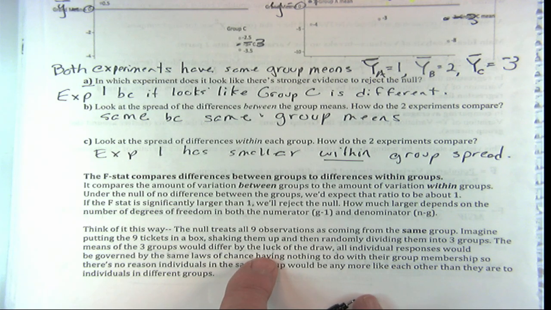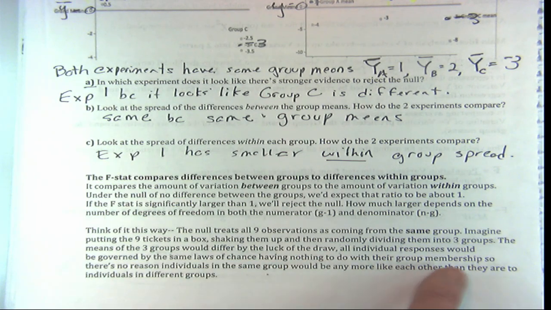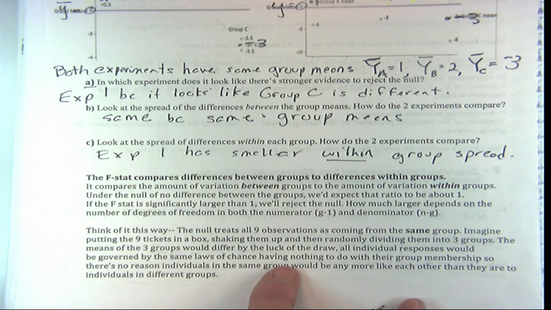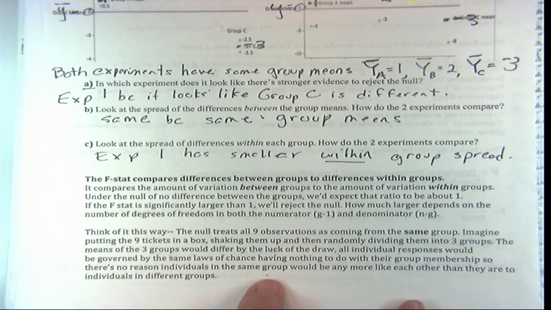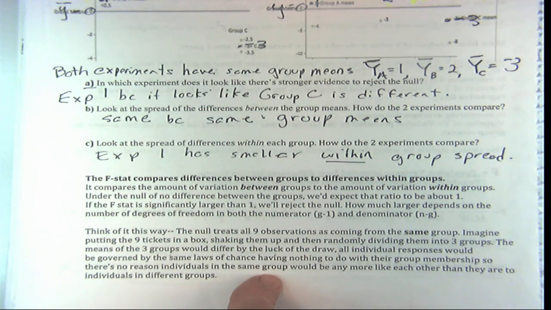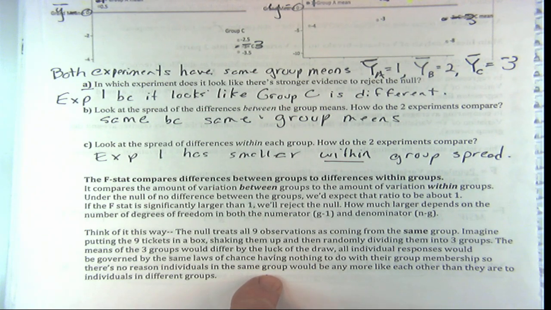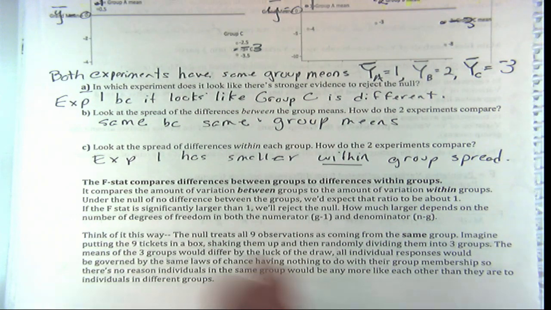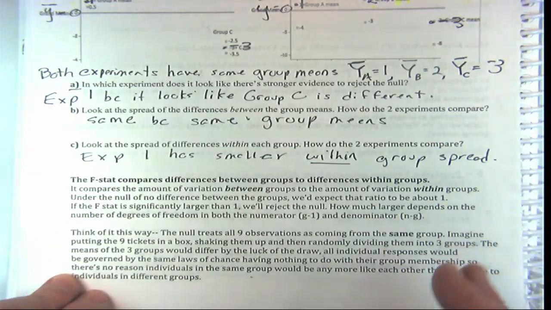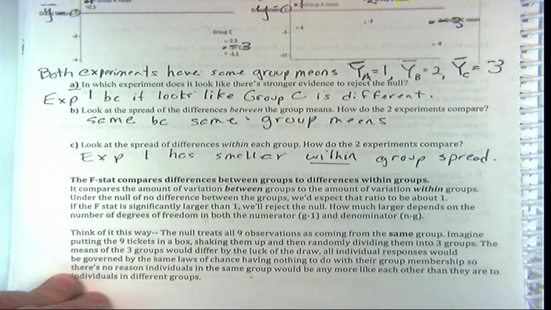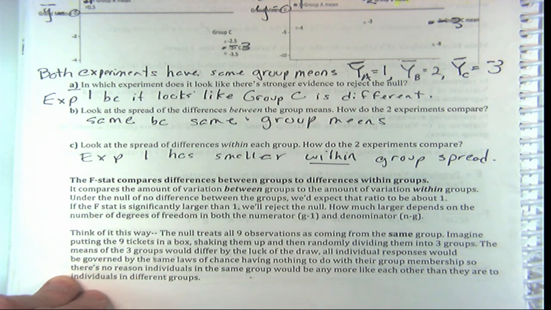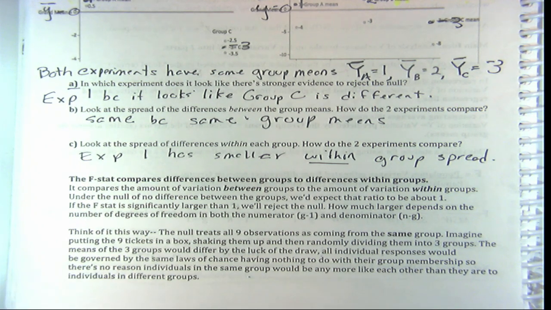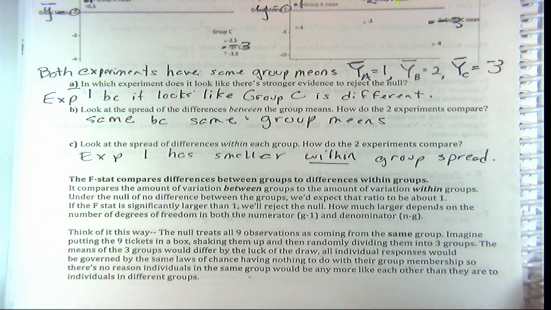But all individual responses would be governed by those same laws of chance. So there's no reason to think that people in the same group would be any more like each other than people in different groups. That's another way to think of why the F statistic would be 1 when the null is true. What group you're in is governed by the same laws of chance as the spread within the groups.